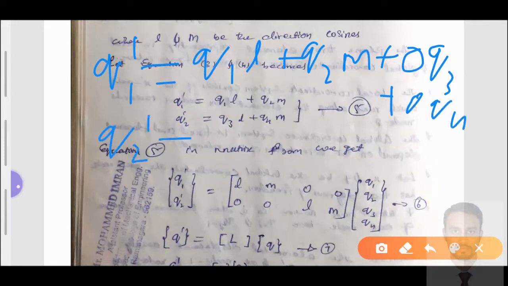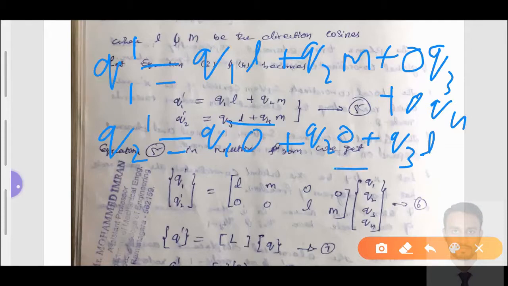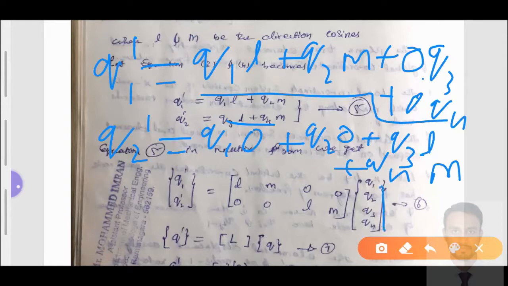Similarly, q2 dash is equal to q1 times 0 plus q2 times 0 plus q3 times L plus q4 times M. From these equations, taking q1 q2 q3 q4 common, the coefficient of q1 is L, the coefficient of q2 is M, the coefficient of q3 is 0, and the coefficient of q4 is 0.